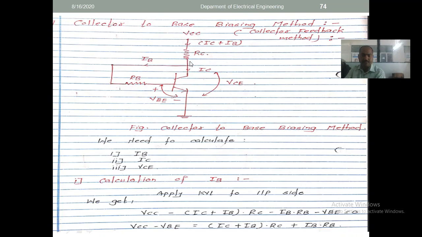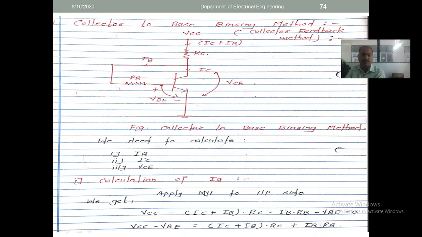Because the second point is minus. Then traveling towards RB, it is minus IB into RB. Going towards here, whatever voltage comes across here, VB, so it is minus VB. So the total is plus VCC minus (IC plus IB) into RC minus IB into RB minus VB.